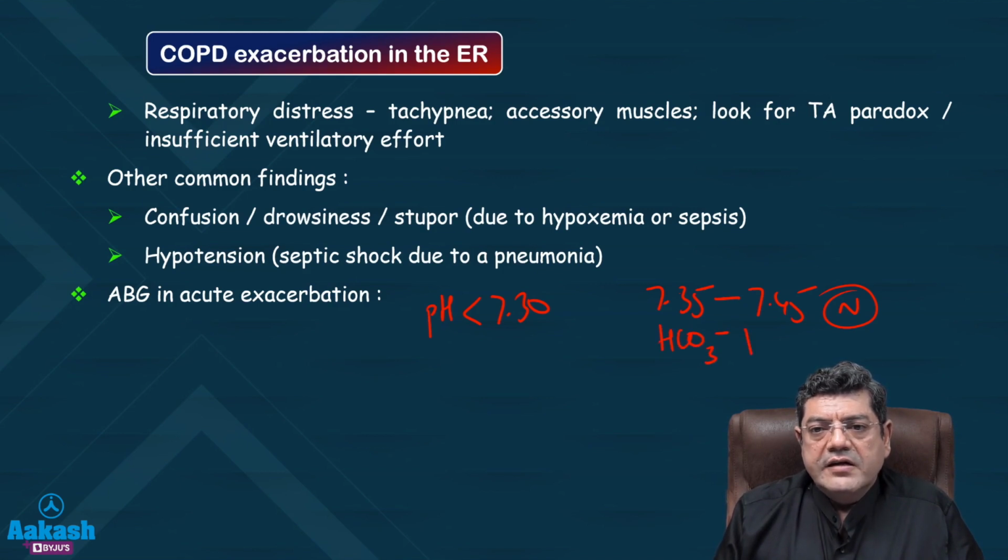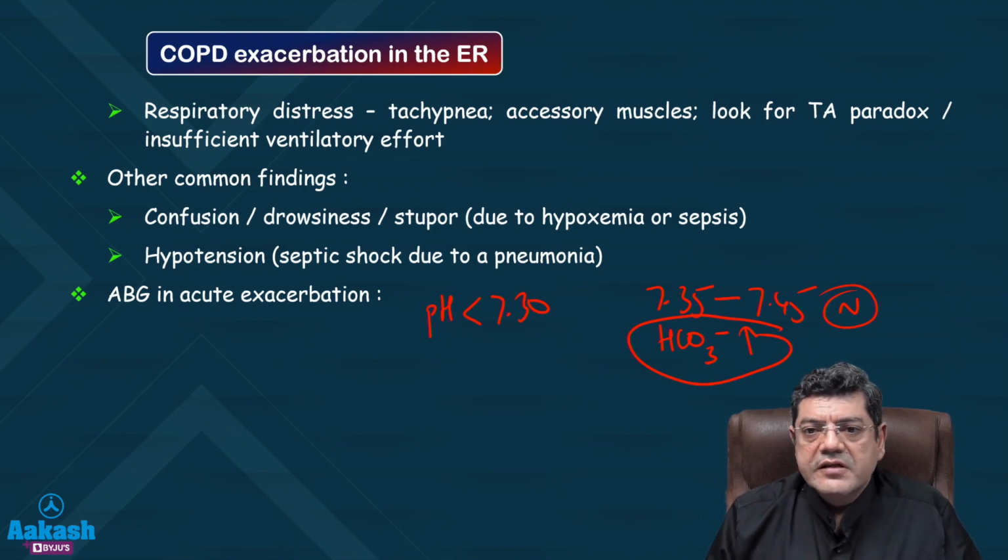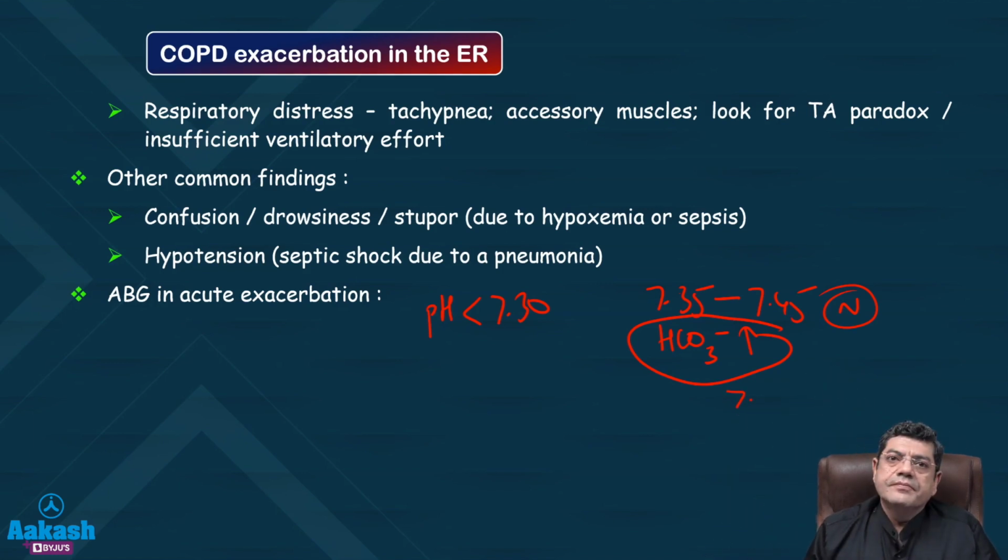The indicator of that is that bicarbonate is elevated, right? So, this compensation of the kidney, this renal compensation, brings the pH back towards normal, right? So, you can expect a pH of between 7.30 to 7.35 in stable COPD, right?